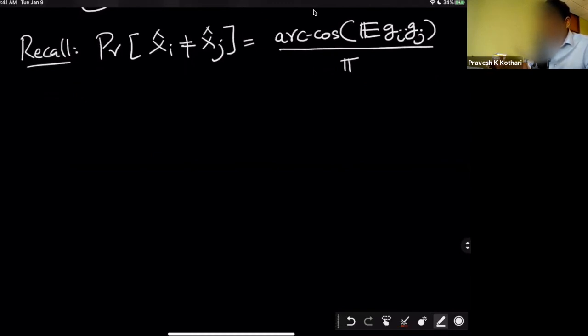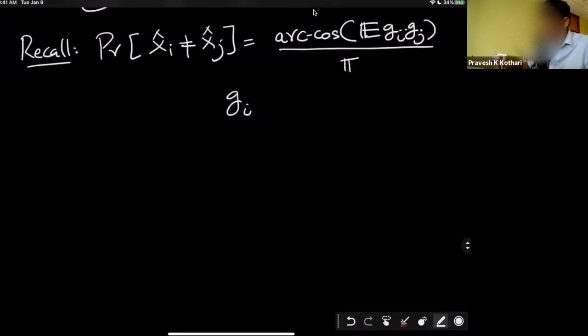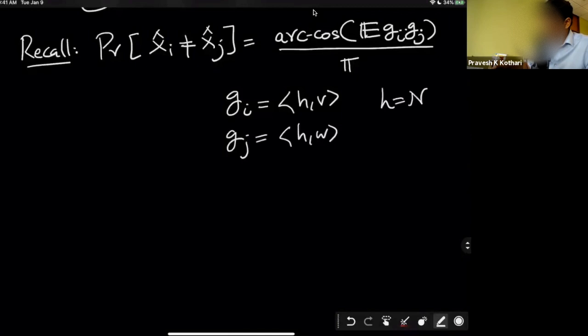So remember, we said, because of how nice Gaussians are, we can always assume that g_i is h dot v and g_j is h dot w, for h being a standard Gaussian random variable in 2 dimensions. So we can always think of our correlated Gaussians as projections of a 2-dimensional standard Gaussian. And the way we encode the covariance structure of the g's is we force some geometry between v and w. So we know that v and w must be norm 1.